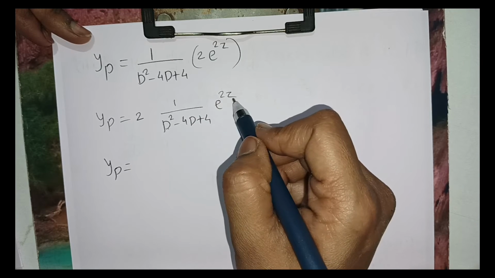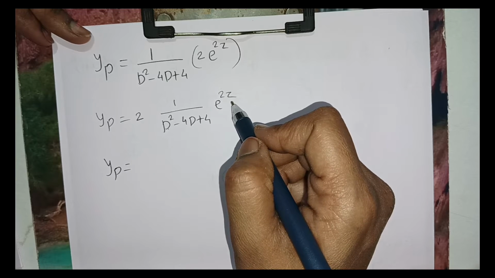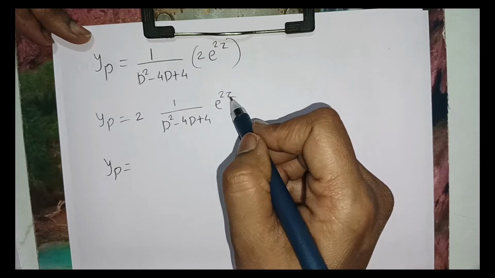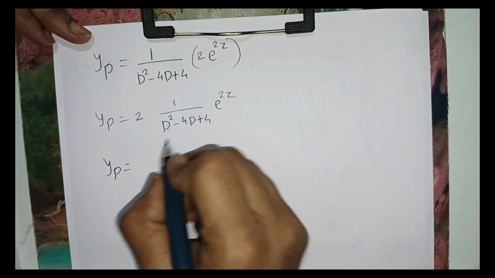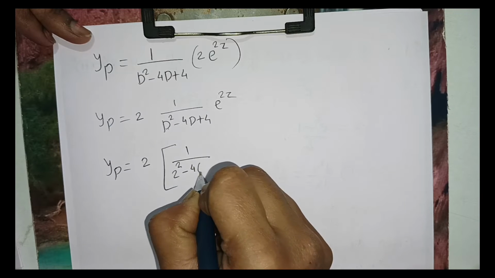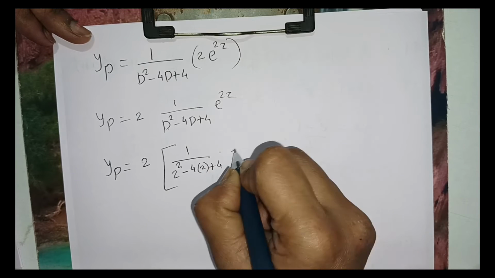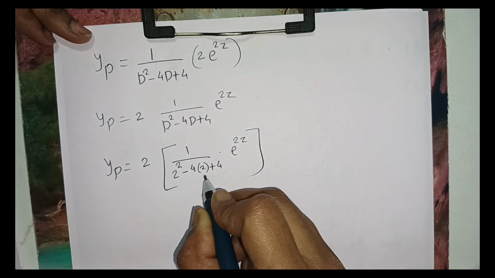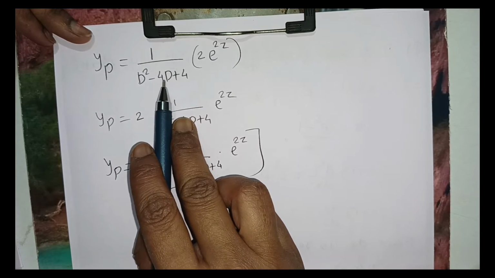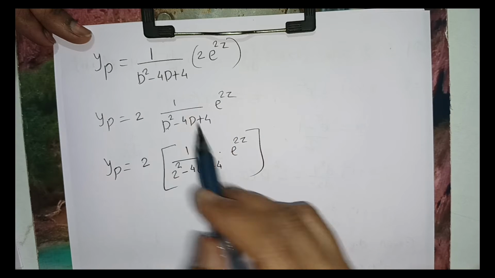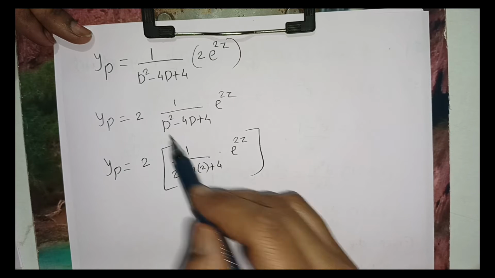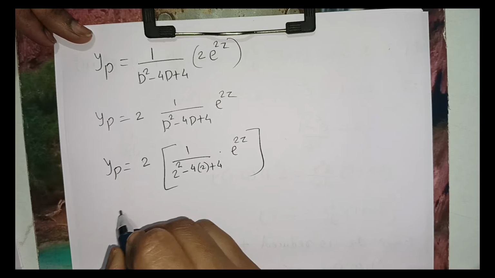Here you have e raised to 2z, and as z is independent, the coefficient of z is 2, so D is replaced by 2. So 2 times 1 upon 2 squared minus 4 times 2 plus 4, into e raised to 2z. But what about the denominator? Already you know that this is the perfect square (D minus 2) squared, that is, 2 is a root of the denominator. That means here we have a case of failure. The denominator will be 0 after replacing D by 2.